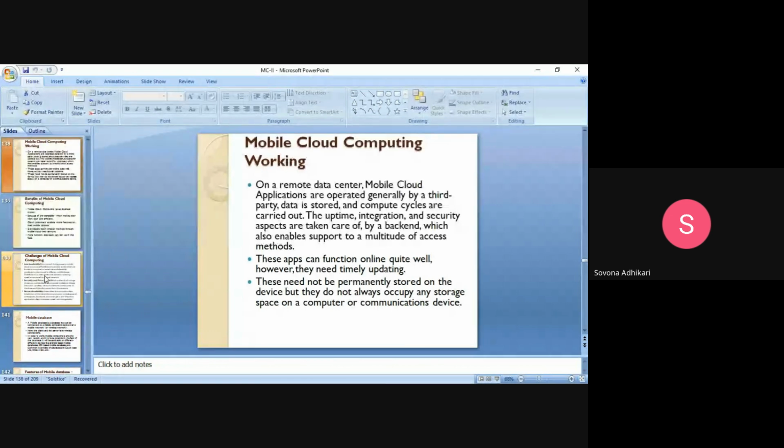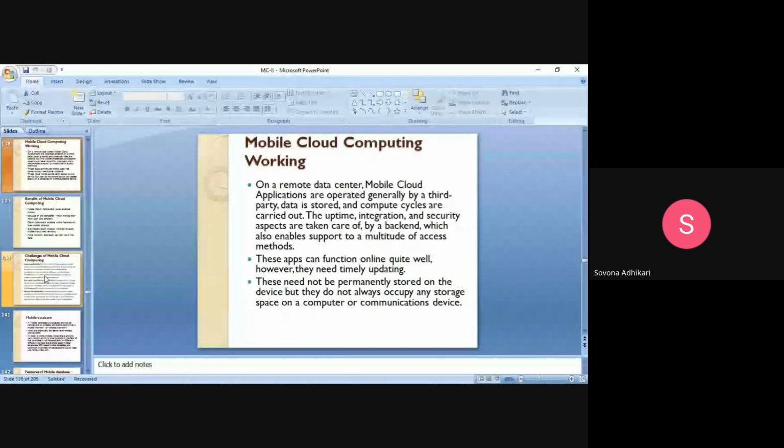The uptime, integration, and security aspects are taken care of by the backend, which also enables support for multiple access methods. So the data site is remote, that is, the data is not present in the local cache, and when we want to access data from the remote site, the cloud applications are operated generally by a third party.